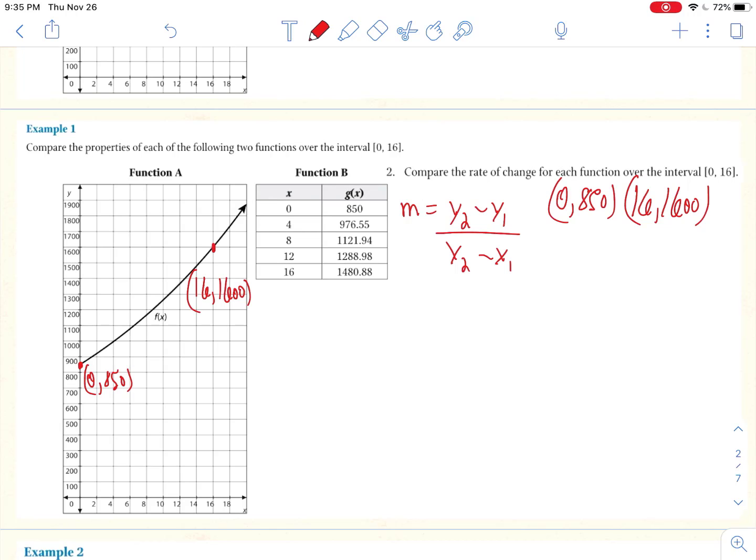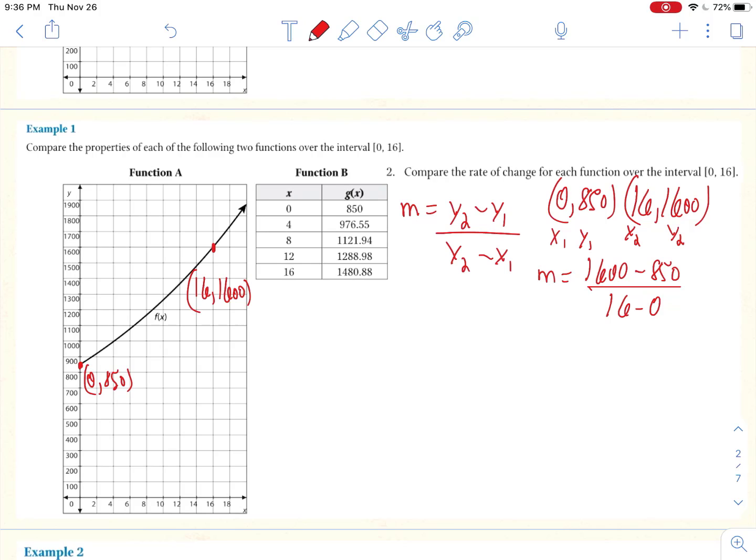We need to identify our x1, y1, x2, y2. And then we're going to go ahead and substitute these known values into our slope formula. When we do that, that's going to give us 1,600 minus 850 over 16 minus 0. Our y2 minus our y1 over our x2 minus our x1.